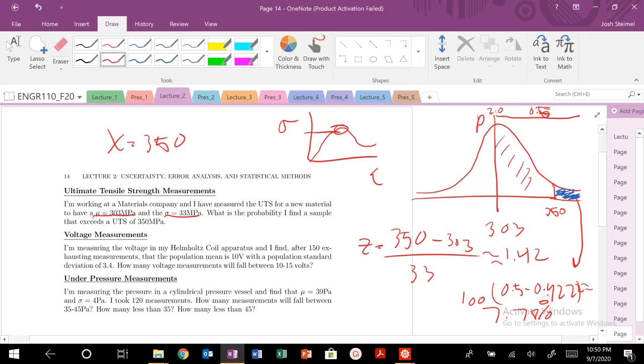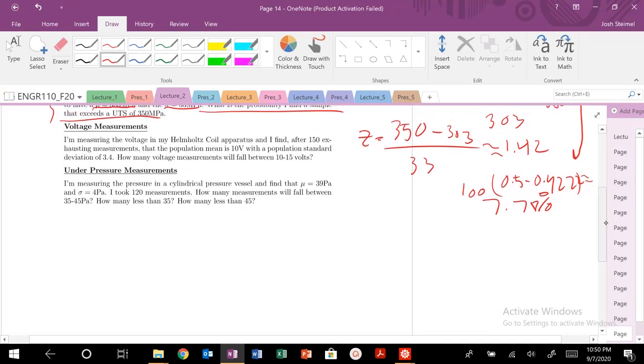That's the probability that I find a measurement or sample that exceeds 350. What were the assumptions I made? Again, assuming normal and assuming that n was greater than 30 here, which we didn't have. We actually couldn't solve this problem unless we make that assumption. Awesome. Let's do two more problems, and we'll get at it. All right. Let me erase here.